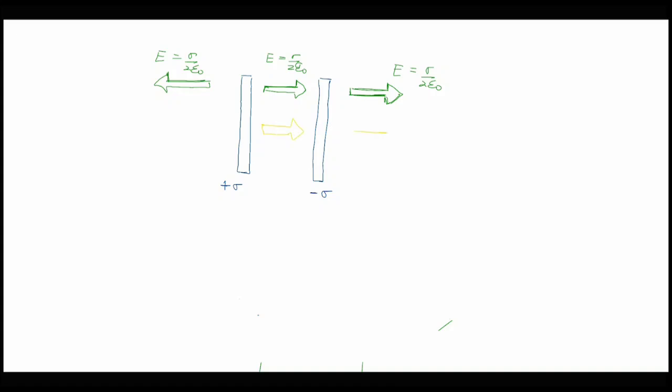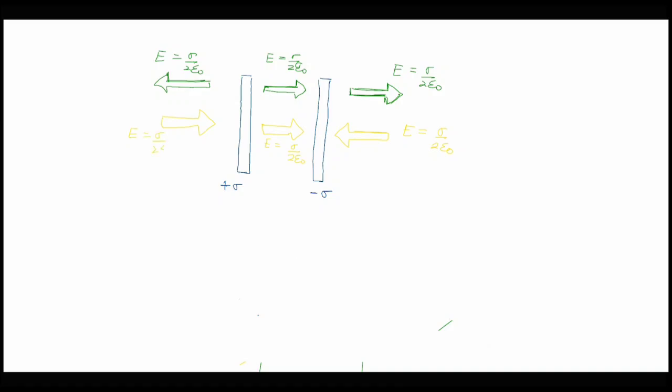Towards the right hand side it is directed towards, and on the left hand side also it is directed towards. So E due to the negative charge is also equal to sigma by 2 epsilon naught. The only difference is that it is directed towards. So E is equal to sigma by 2 epsilon naught, and again E is equal to sigma by 2 epsilon naught.